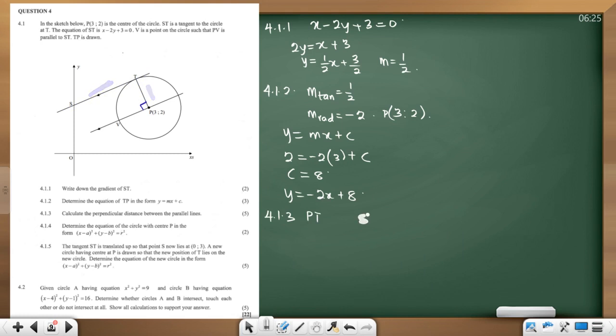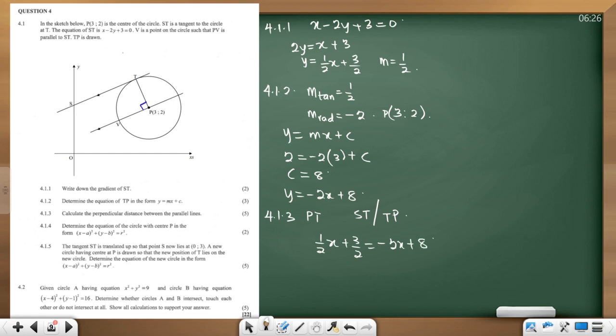So we're looking at ST. It's a point of intersection between ST and TP. What is our ST equation? Question 4.1.1. We wrote that out: half x plus 3 over 2. What is our TP equation? -2x plus 8.